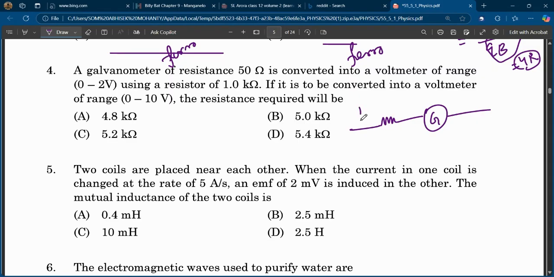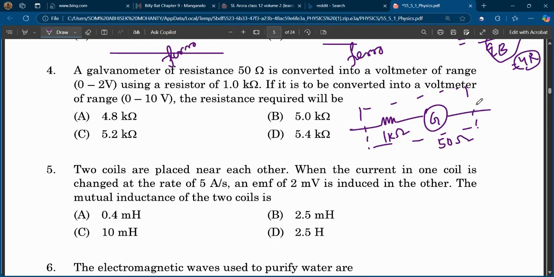Then that system is a voltmeter, which will be connected in parallel with the whole circuit. So the galvanometer is 50 ohm, voltmeter of range 0 to 2, using a resistor of 1 kilo ohm. So this is the 1 kilo ohm.